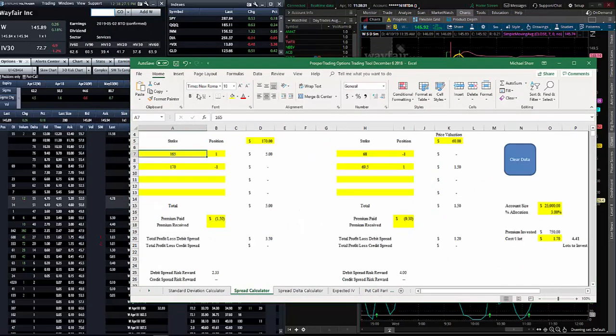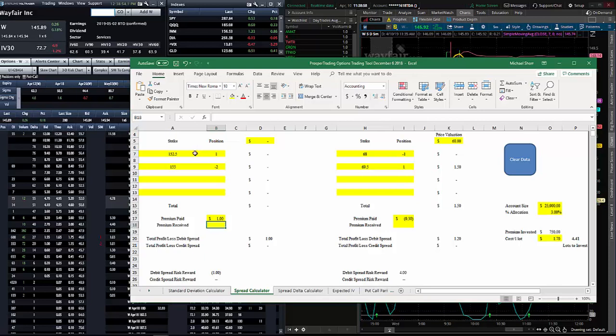We have the 152.50, 155. We buy one, we sell two, and we received a credit of $1.